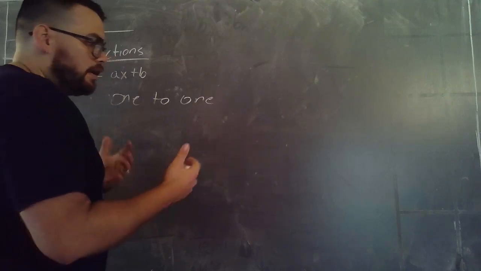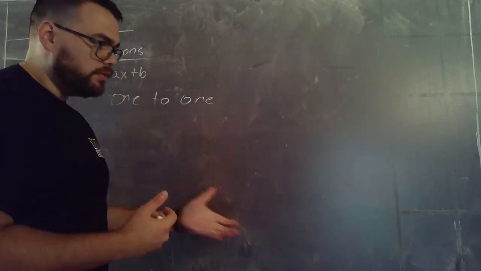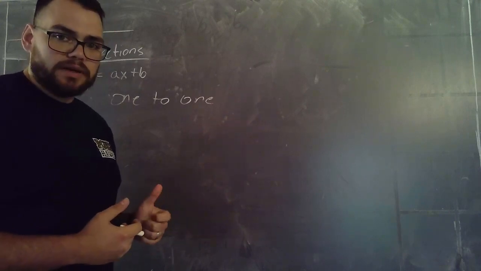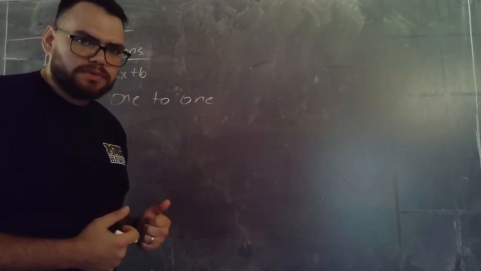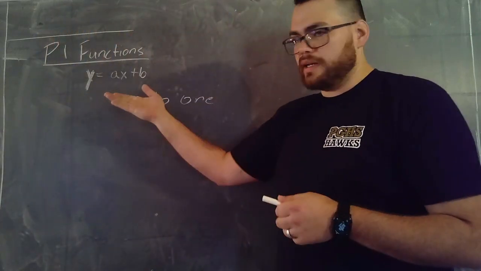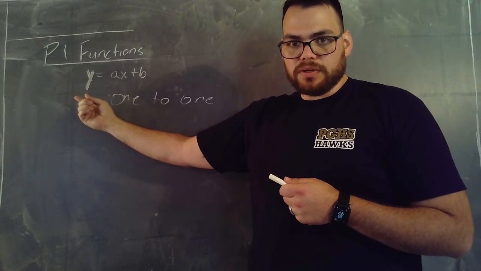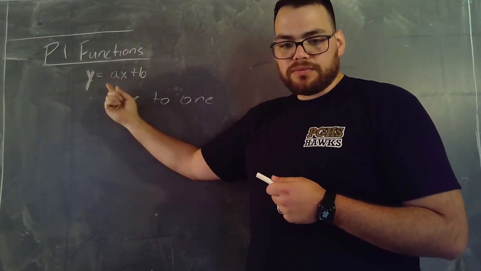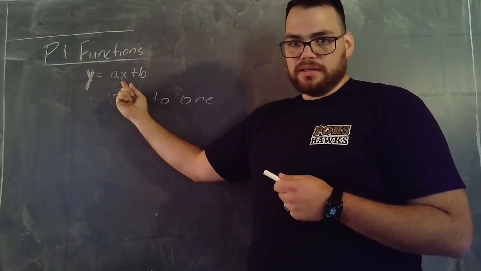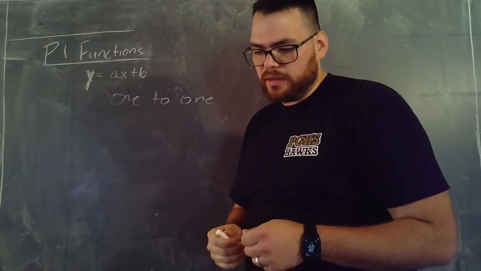It's where you have one unique dependent variable to one unique independent variable, and honestly vice versa. And so I could give you this equation right here, give you the dependent variable number, you would be able to then solve the independent variable number. Okay, that's what that one-to-one really is talking about.